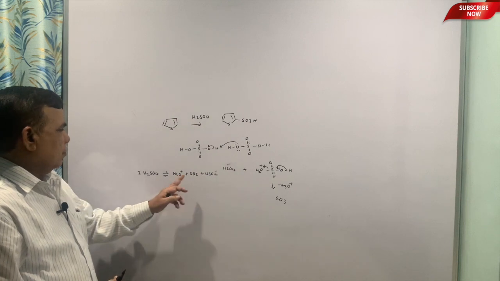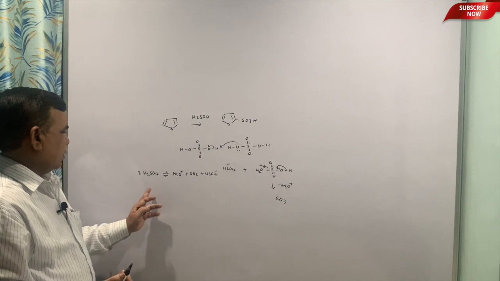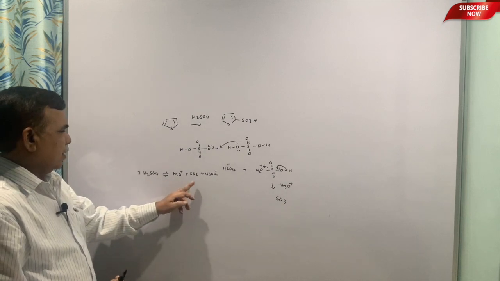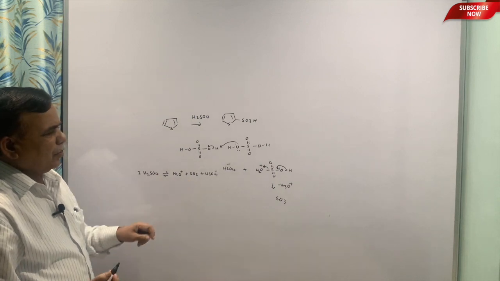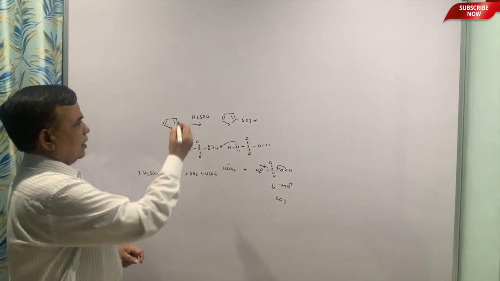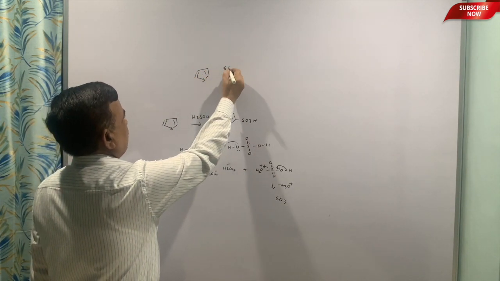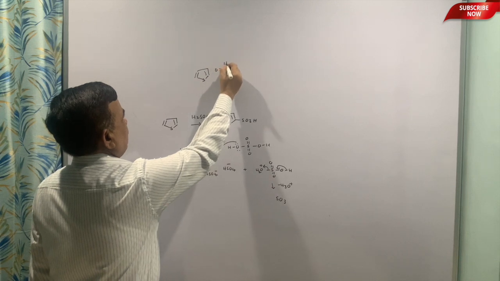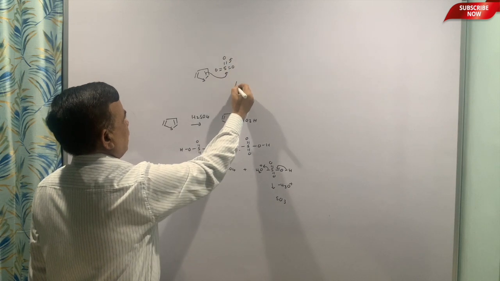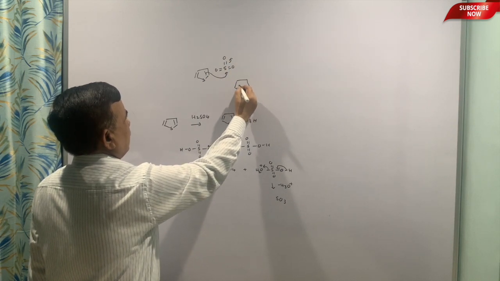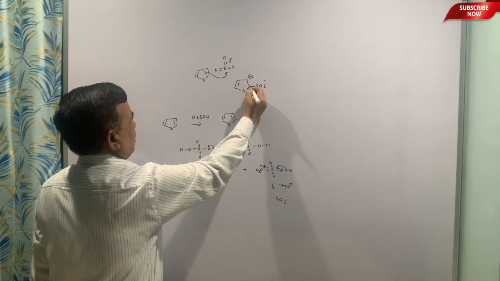So 4 hydrogens, 2 sulfurs, 8 oxygens, so it is balanced. So this is the actual electrophile, this is a neutral electrophile, and this neutral electrophile has to interact with your substrate. So SO3, the polarization is because of the sulfur oxygen electronegativity difference, and we know that this becomes S plus, O minus.